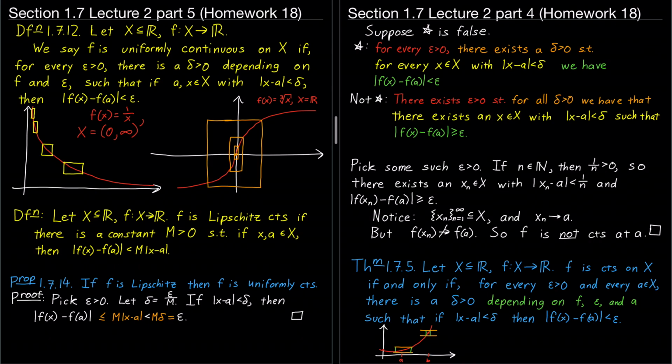And then Lipschitz continuous would be, I can always put a rectangle that's different sizes but the same shape around points. So here is a Lipschitz continuous function. Your epsilon rectangles, say, you can always make a square work.